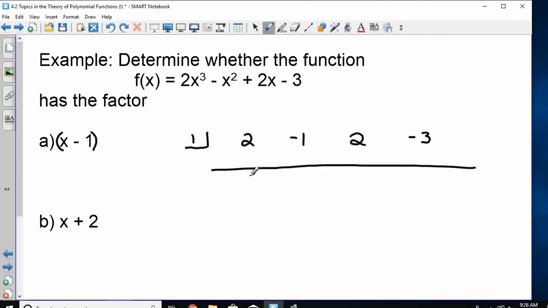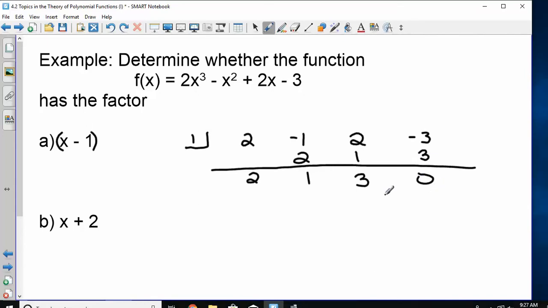So my 2 comes down, multiply, 2 times 1 is 2. Add negative 1 plus 2 is 1. Multiply, you get a 1. Add, and we get 3. Multiply, we get 3. Add, we get 0.